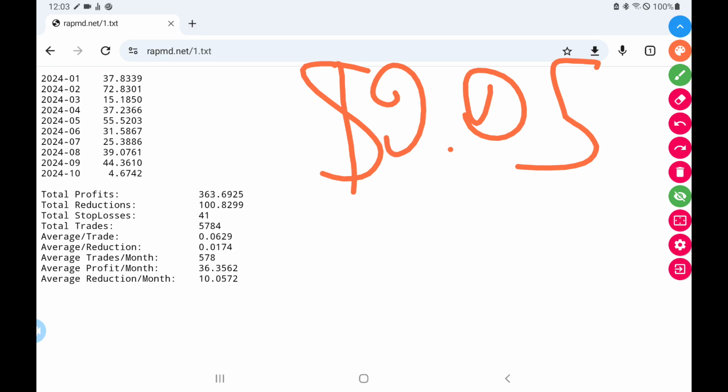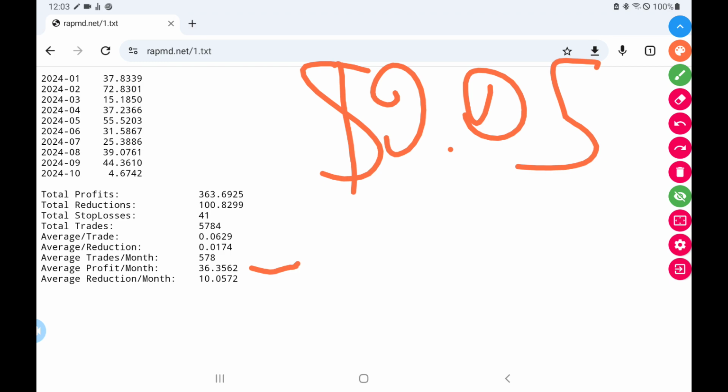But because of the way this whole system works, I know exactly and can calculate a crude average of what's going on. For example, here I take an average of $36 of profit a month. Now that's already figuring out my reductions.